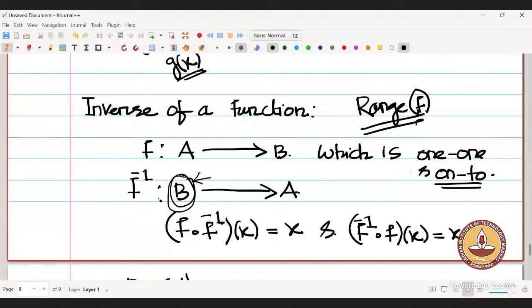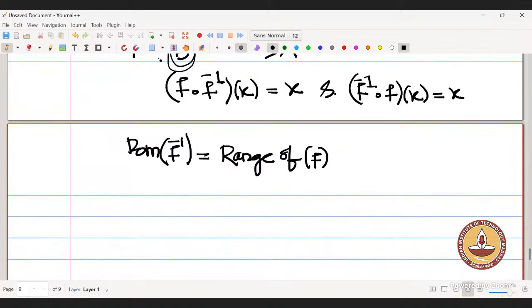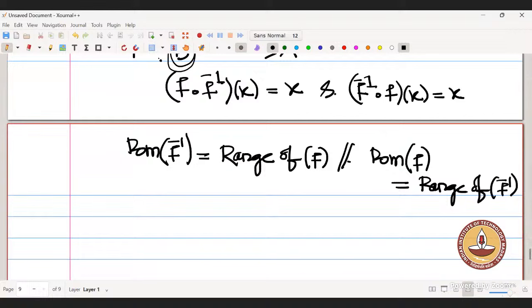Otherwise, instead of B, you have to replace B with the range of F. And similarly, the domain of F is equal to the range of F inverse, right? Correct.